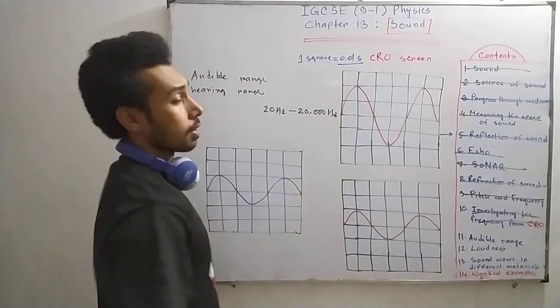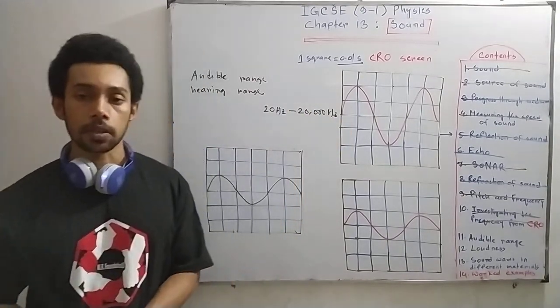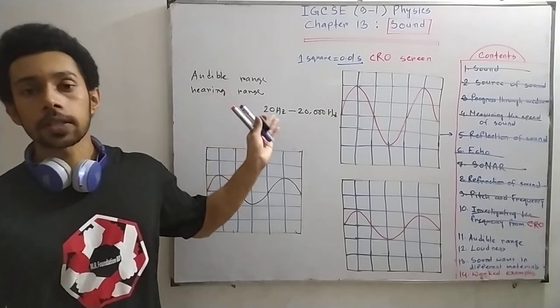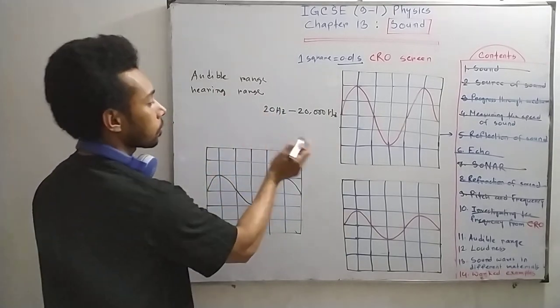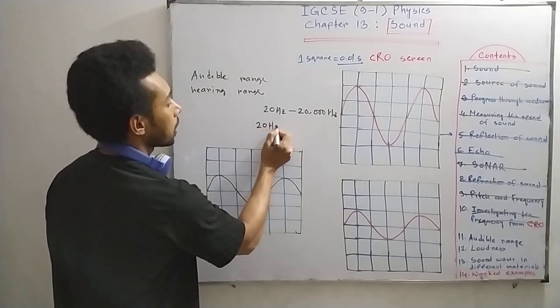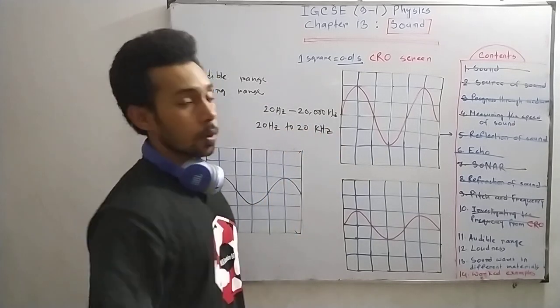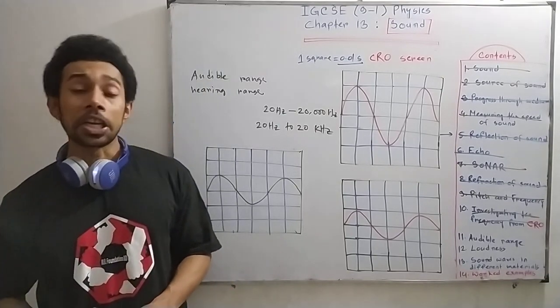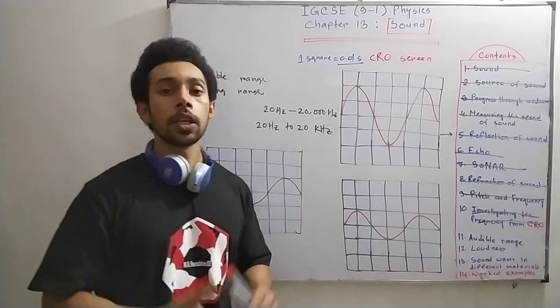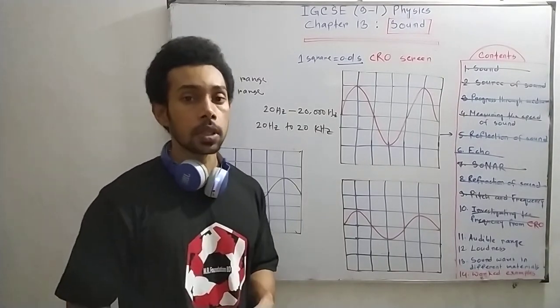This is the hearing range for the average person, also known as the audible range. We can also write it as 20 Hz to 20 kilohertz.